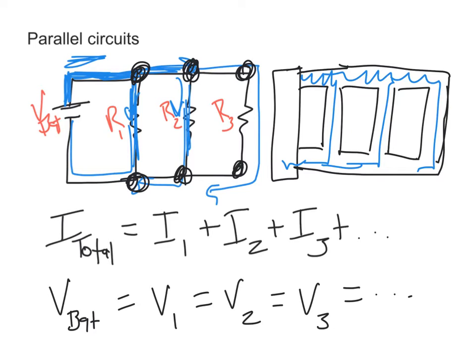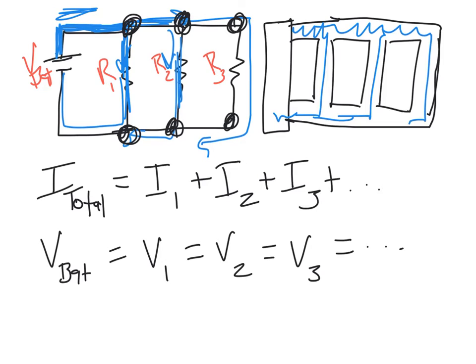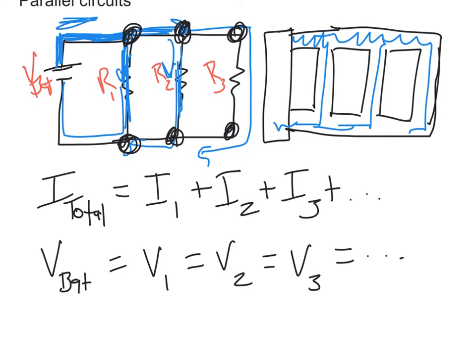Make sense? Now, what this means though is because the resistance is less, since something takes the path of least resistance, what this means is that your total resistance happens to be less than any individual resistor. All right, this is a funky equation.